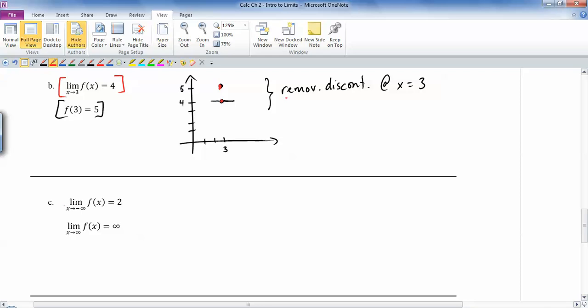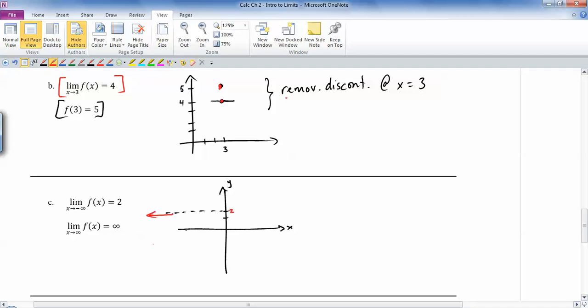C is describing what happens as x gets really, really negative, and really, really big, positive. So let's take a look. As x goes to negative infinity, so that means when x gets further and further to the left, the y values get close to 2. So way out here at negative infinity, the y values get close to 2.